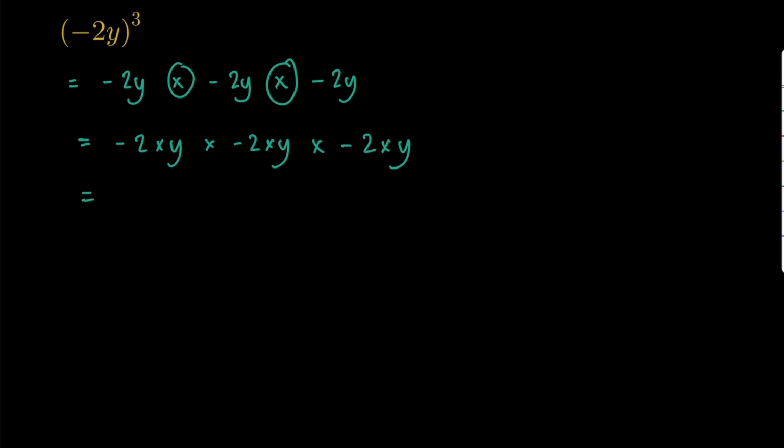Then let's go and collect the numbers. We have the negative 2, negative 2, and negative 2. So rewrite that so that they sit next to each other, which makes it easier for us to multiply. And we have times y, and times y.